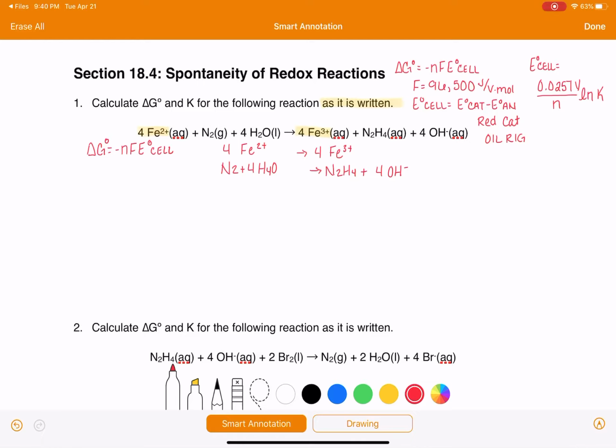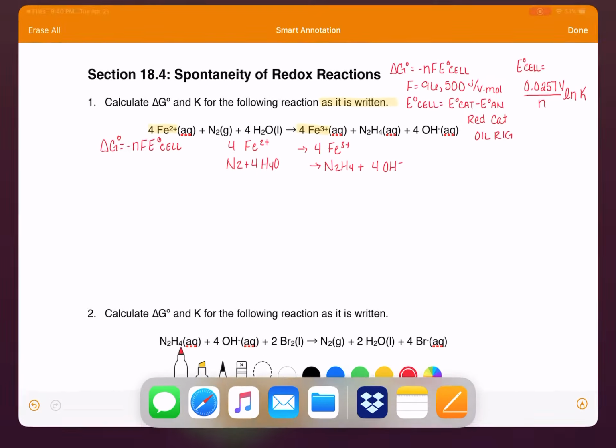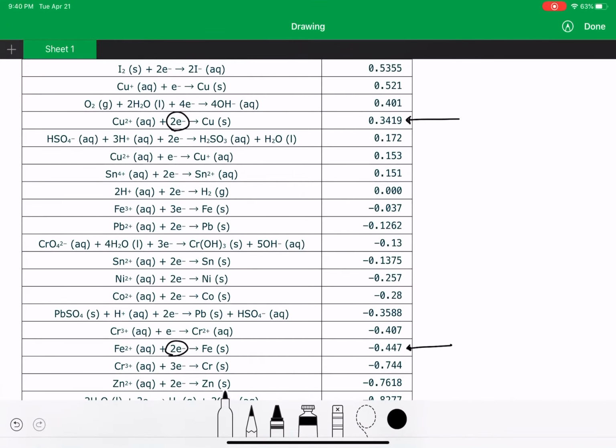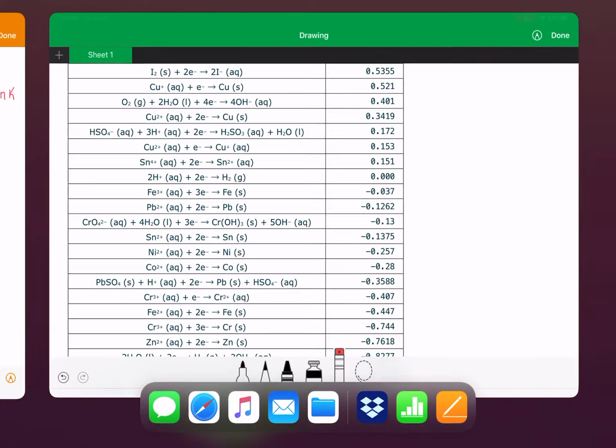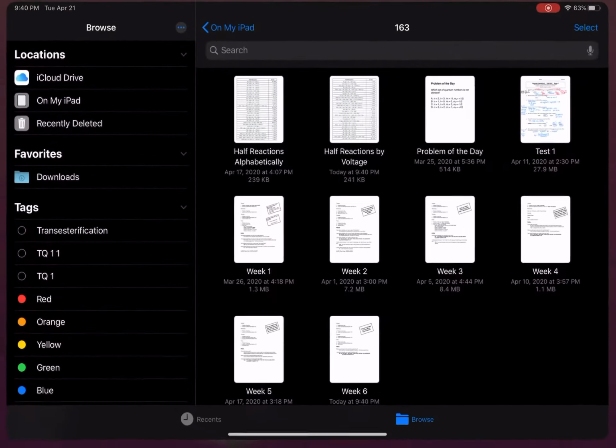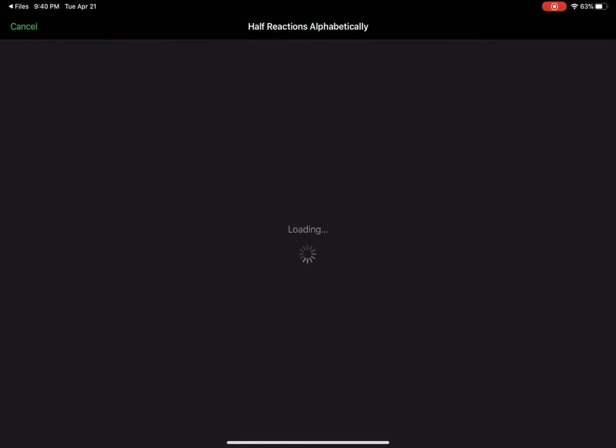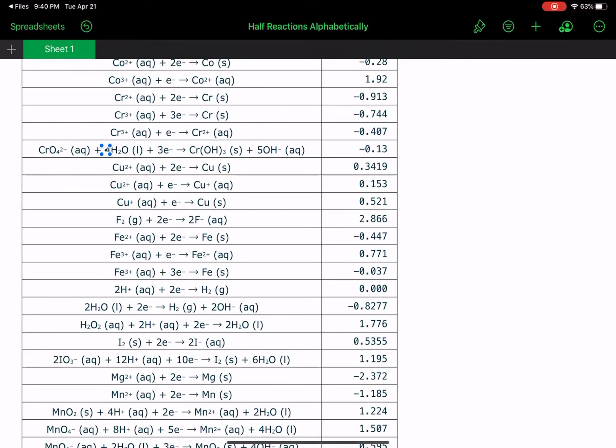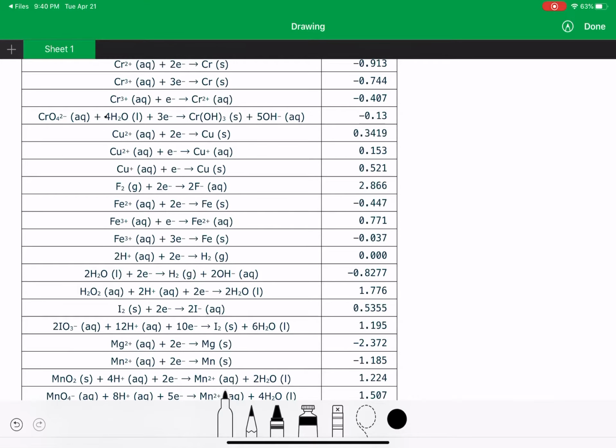So now I'm going to head over to my reduction potentials, and the first thing I'm going to look for is the iron 2, iron 3 half reaction. I think it would be easier with the alphabetical version, so let's open up that one. Iron 2 and iron 3, I've got it right here. I'm looking for 2 things: where the electrons are and how many there are.